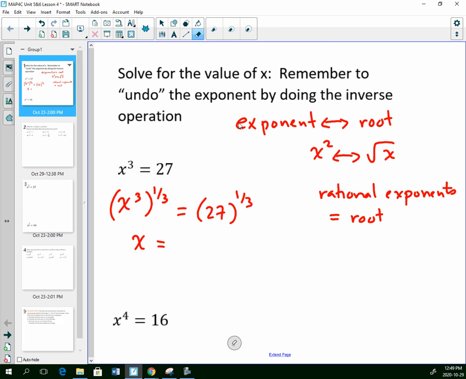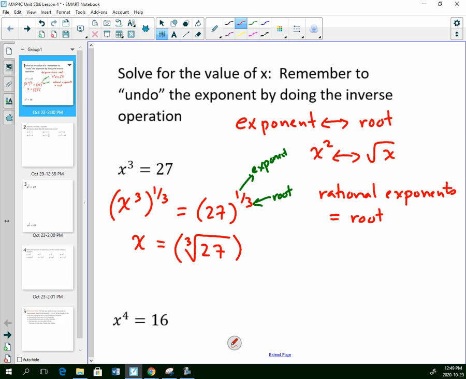The number on the bottom is what kind of root it is, and the number on the top is the exponent. So if I am doing 27 to the power 1 over 3, it's telling me it's a root. So 27 goes inside. The number on the bottom tells me the type of root, so it's a third root, and it's to the power 1.